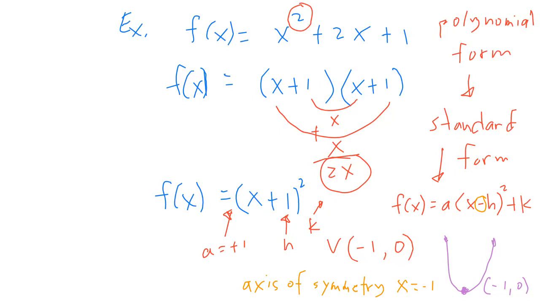It's the line that's passing through the vertex, the vertical line passing through the vertex. So x is equal to -1. That's how you find the axis of symmetry.